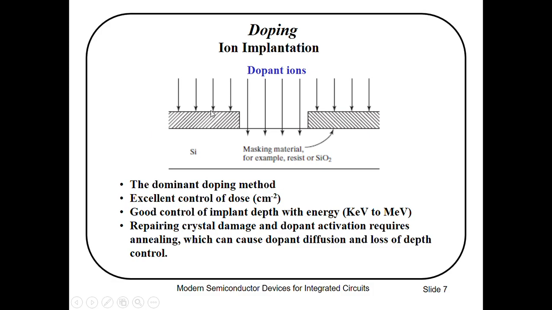Ion implantation is basically the dominant doping method, with excellent control of dose and good control of implant depth with energy. Repairing crystal damage and dopant activation requires annealing, which can cause dopant diffusion and loss of depth control. So here we discuss doping.